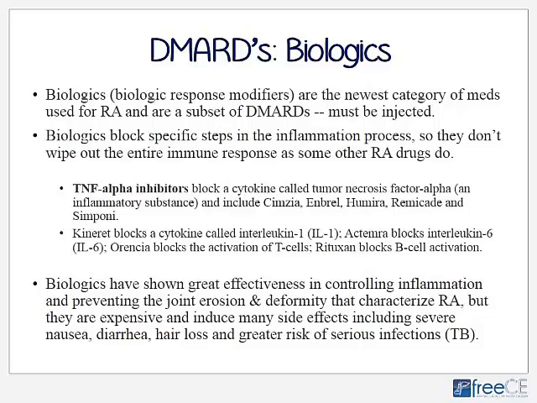So they all target different steps in the inflammatory cascade and suppress the immune system in, I guess you could say, partial degrees, not globally. These biologics have shown great effectiveness in controlling inflammation and preventing joint erosion and deformity, but they are expensive and they induce many side effects, including severe nausea, diarrhea, hair loss, and greater risk of serious infections, in particular tuberculosis.